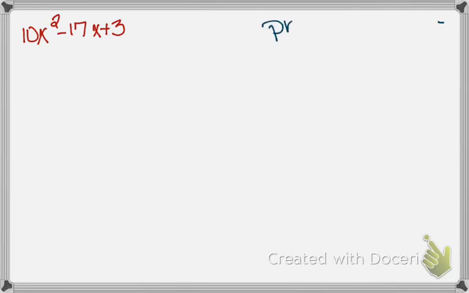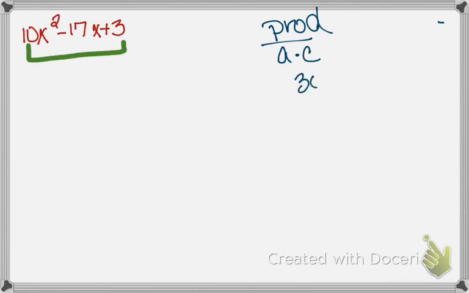My product is my A value times my C value. A times C. So I've got 10 times 3. What is 10 times 3? 30. Okay, and my sum is negative 17. Because my product is positive, I'm looking for two numbers that are positive or two numbers that are negative. They've got to be the same sign.